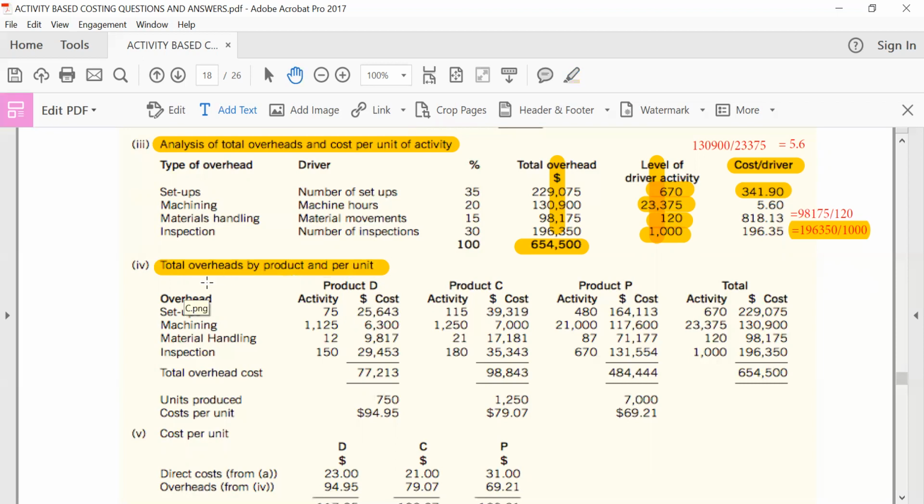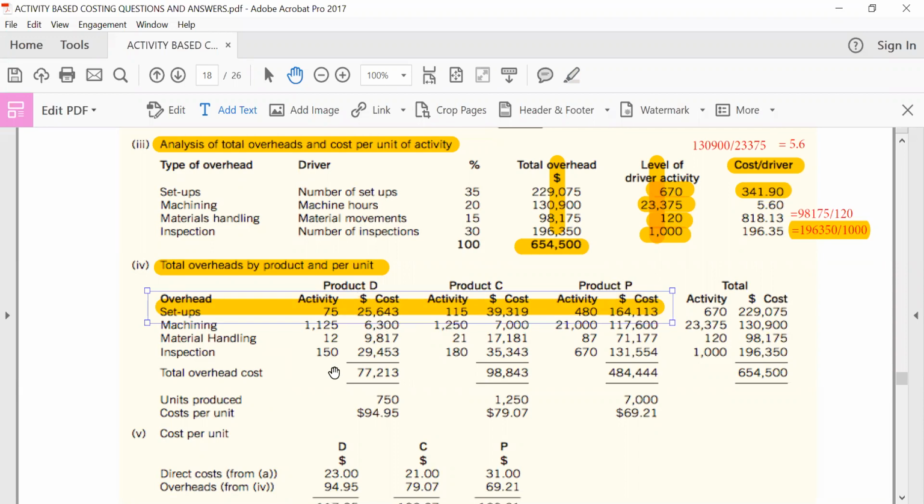So total overheads by product and per unit. So we have product D, right? So we have setup cost, the overheads we are trying to apportion. If you have the meter, you now have to multiply. We've talked about this in the other video lecture. In the case of setups, we have estimated all that for product C, product D, and P. So the base of absorption is 75.